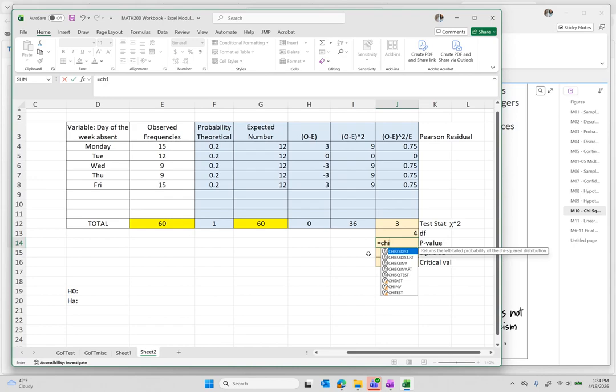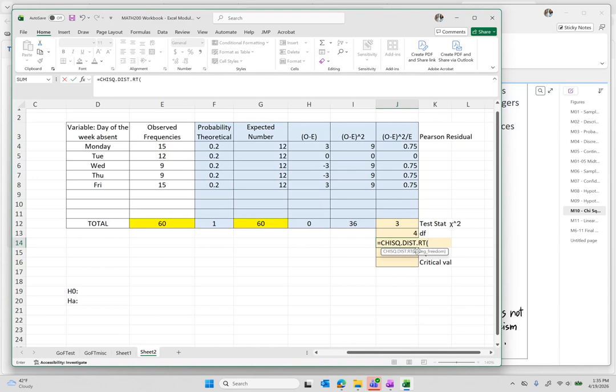I can use CHISQ.DIST, which returns the left tail probability, or I can use CHISQ.DIST.RT for the right tail, which is what I want since I'm doing a chi-squared test. So chi-squared is measuring to see how large the differences are, and that generates a very large positive chi-squared value.